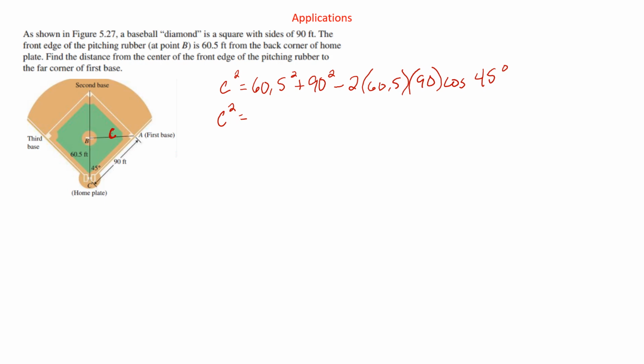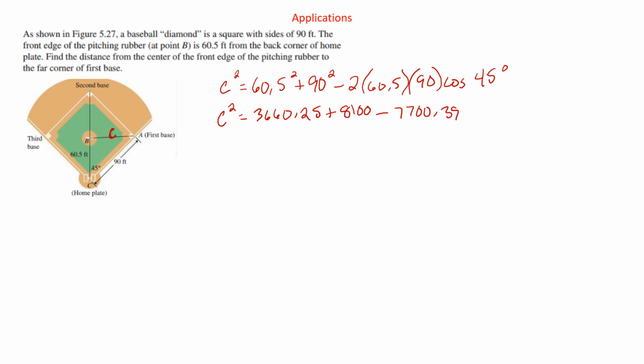So 60.5 squared is 3660.25 plus 90 squared, which is 8100, minus 2 times 60.5 times 90 times cosine 45, which is about 7700.39.